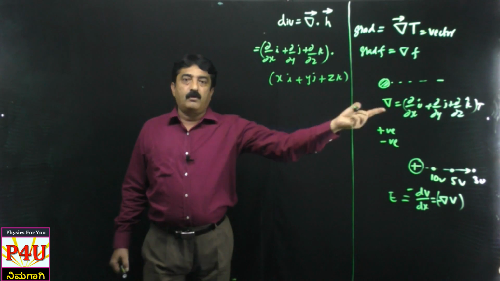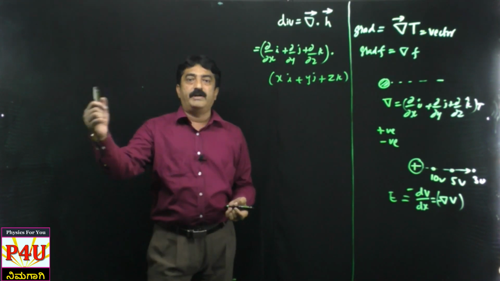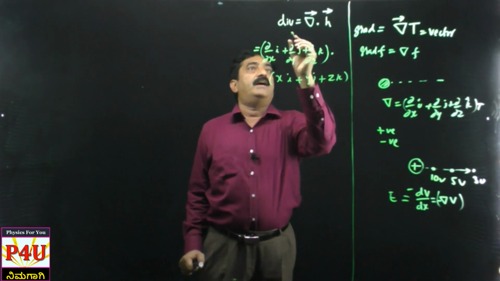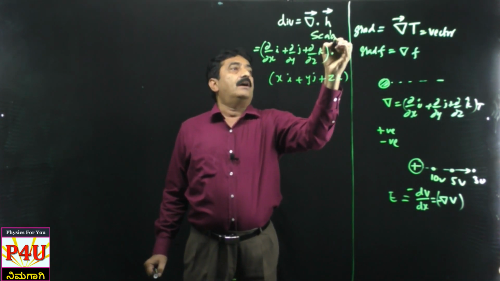When you take the dot product of this, it is going to be a scalar quantity only. That means divergence is a scalar, gradient is a vector.